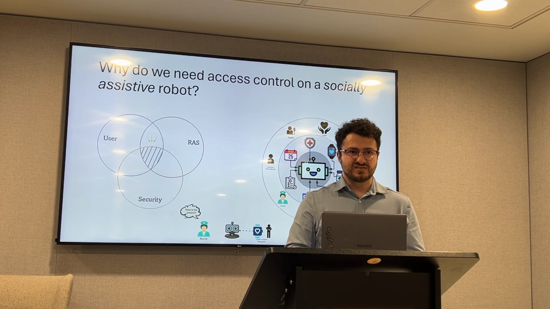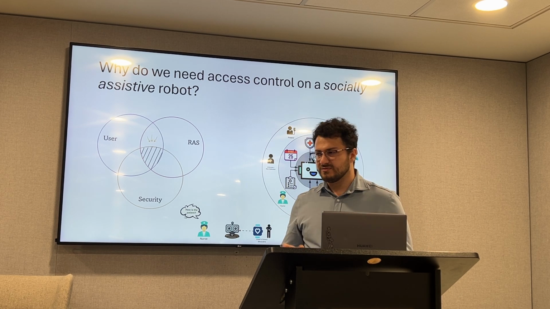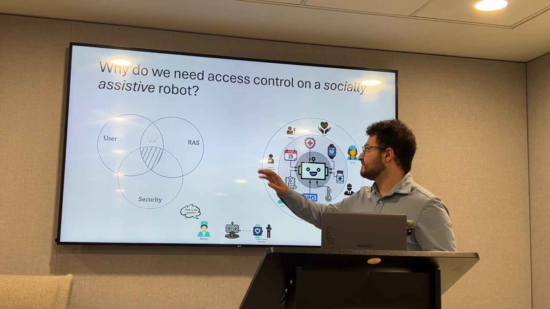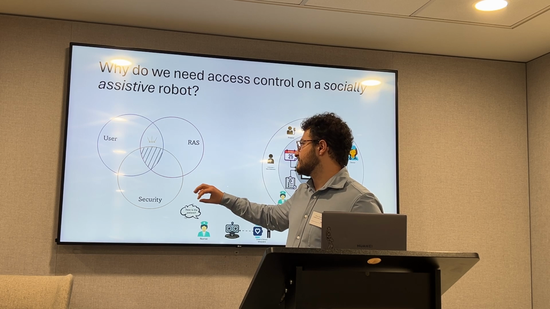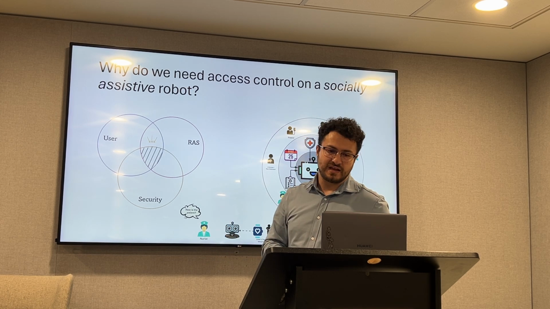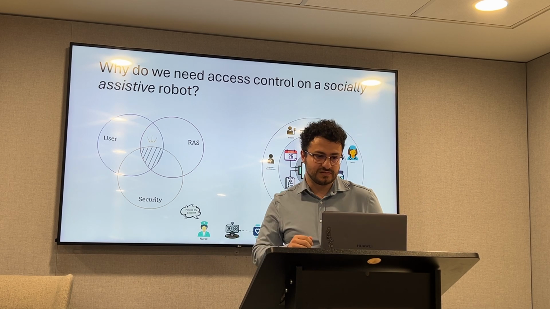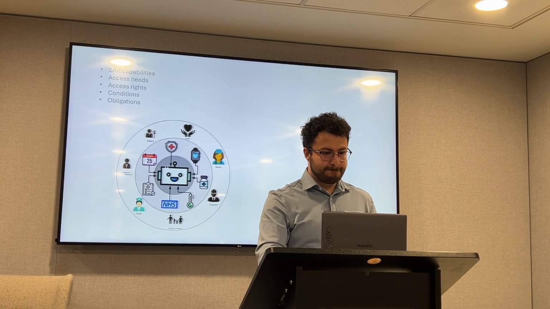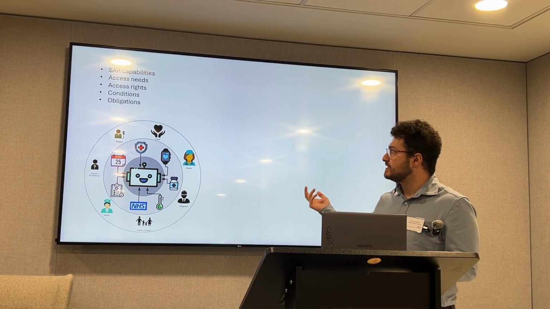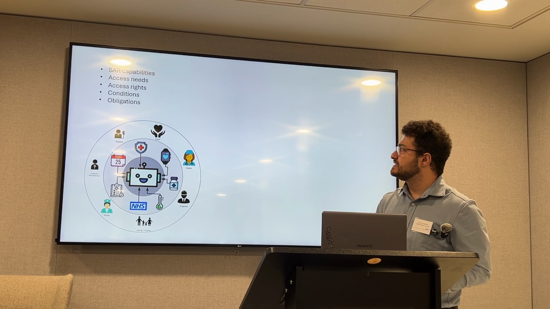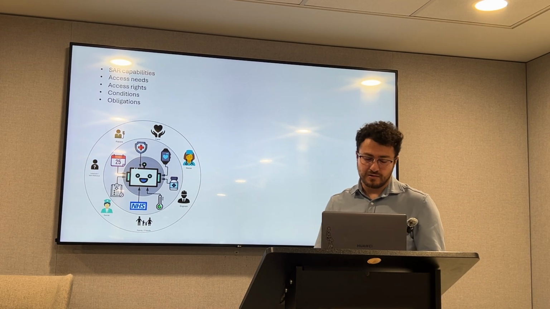So when we talk about access control, we're going to be looking at what a robot can do. So what are the capabilities of an assistive robot? What are the capabilities of the user, and the security concerns and the security needs around that? So we're looking at the intersection between all these three. As I mentioned, it's the robot's capabilities, the access needs, the access rights, the permissions, and the conditions and obligations.